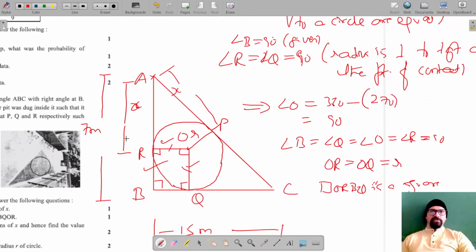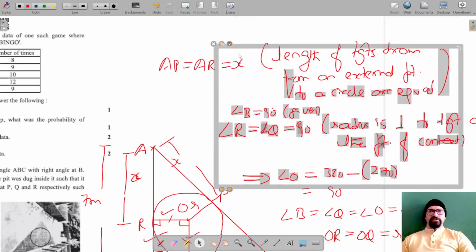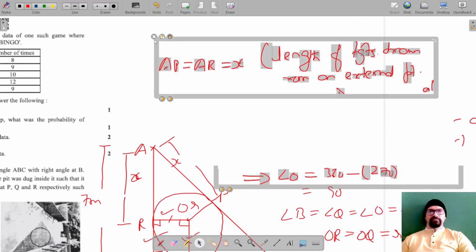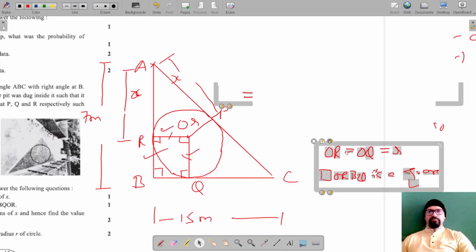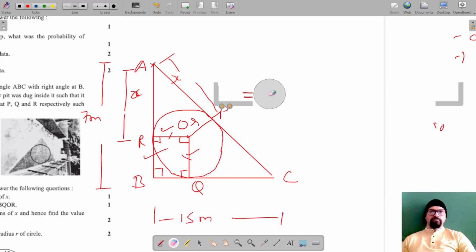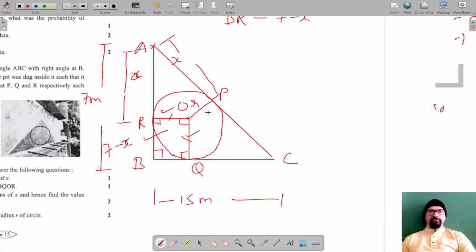So we have to write BC in terms of X. First of all, let's find BR in terms of X. BR is equal to 7 minus X, because AB is 7 and AR is X. Now BR is equal to BQ because these are the sides of the square.